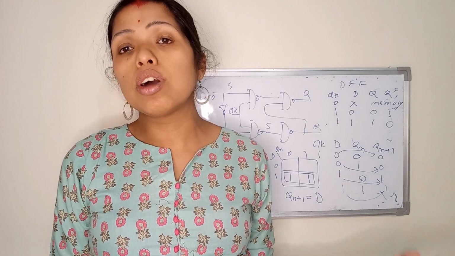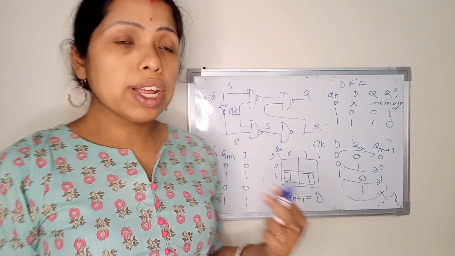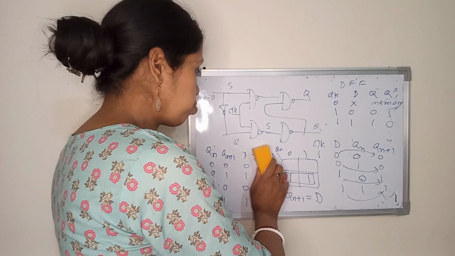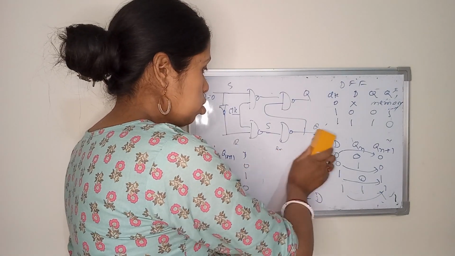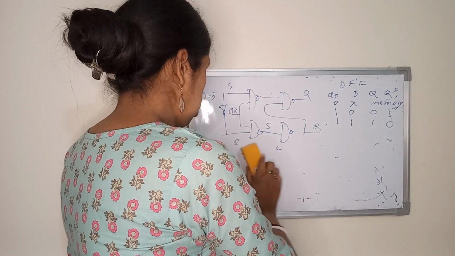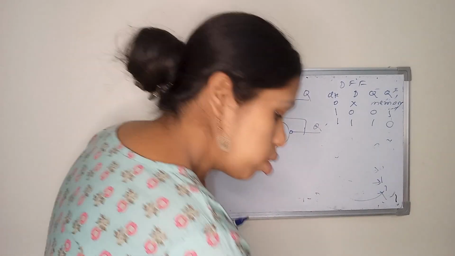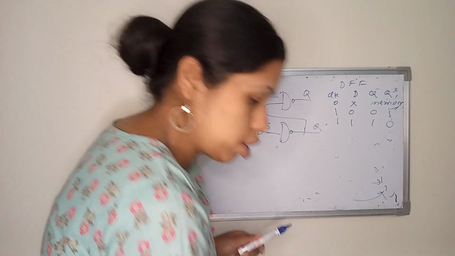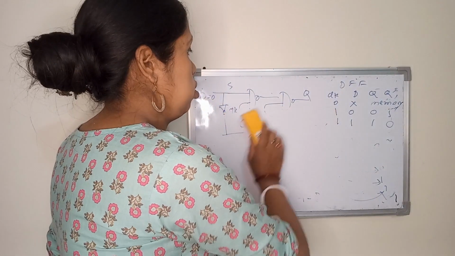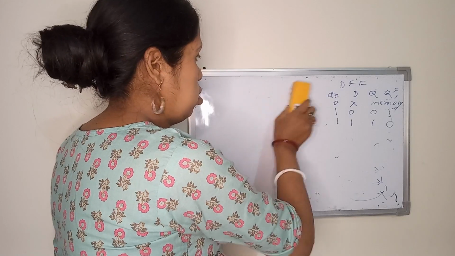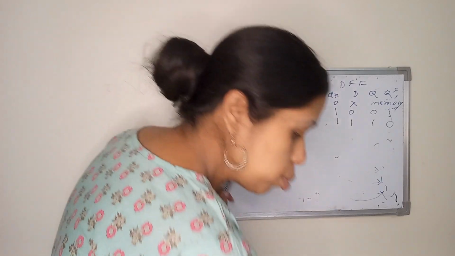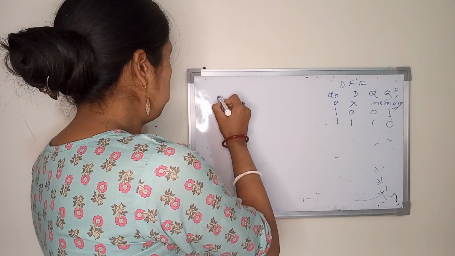If you apply the negative clock, how will the output change? This we will discuss now. Suppose this is the D flip flop.